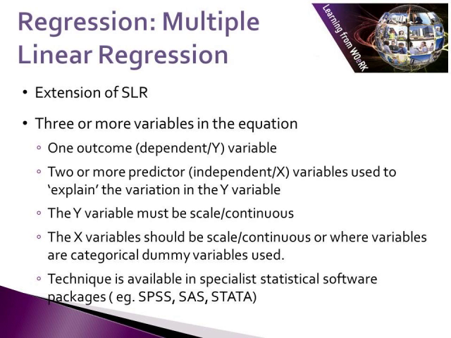The y variable must be scale or continuous data, and the x variables should be scale or continuous data, or where variables are categorical we have to use dummy variables. The technique is available in many different statistical packages and specialist software, from SPSS to Stata and so on.